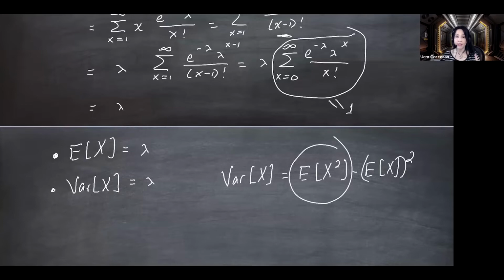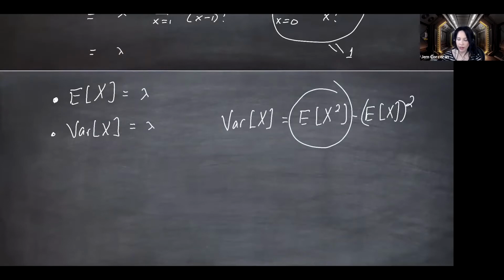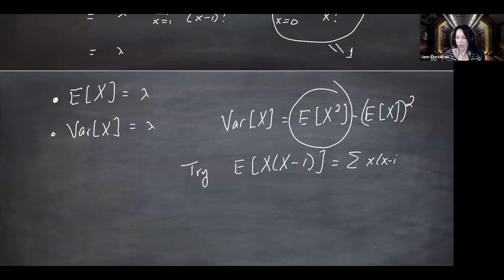Going for that is actually kind of hard because, canceling with the factorial, if you have 2 x's in front, you can cancel one of them and the other one is still out there. So I would try looking at the expected value of x times x minus 1, because if you write that out, that's going to be the sum of x times x minus 1 times the probability mass function, and the x minus 1 will cancel nicely with that factorial.